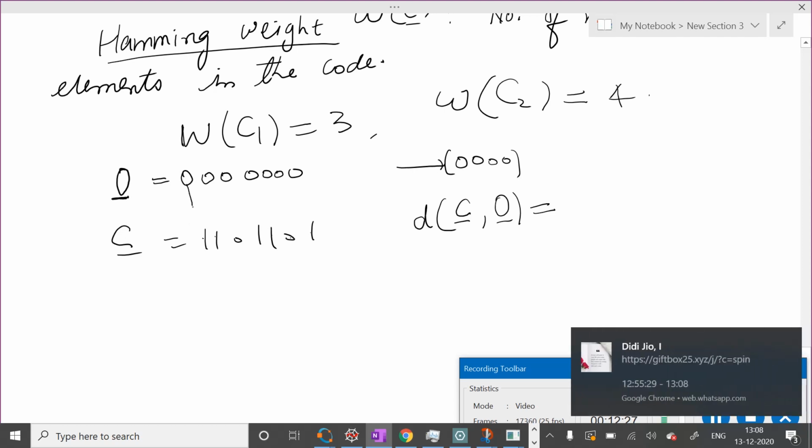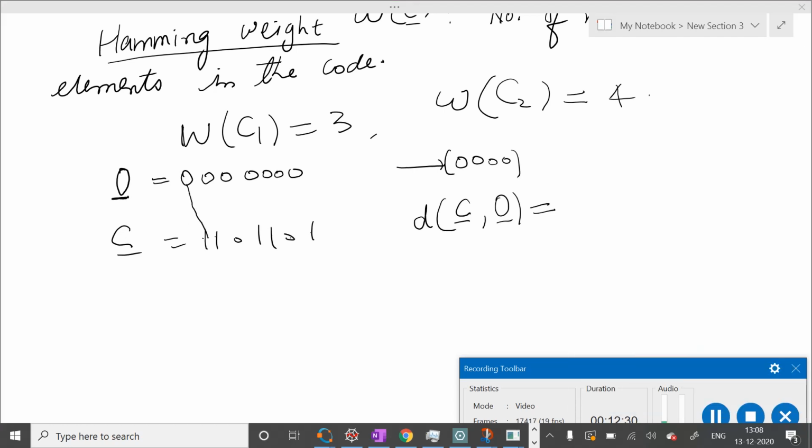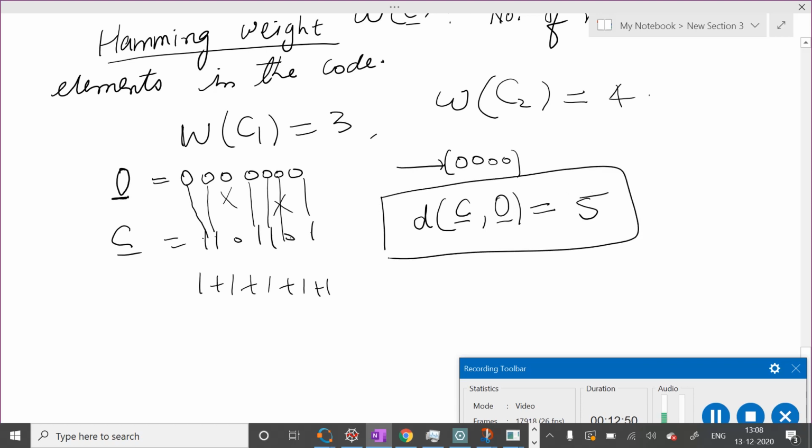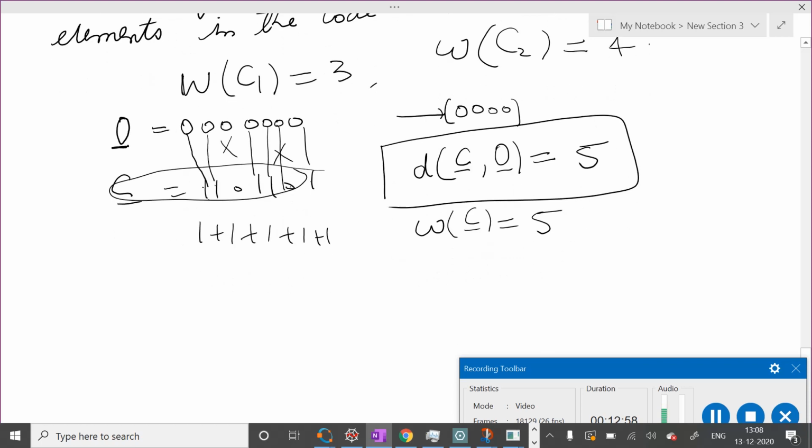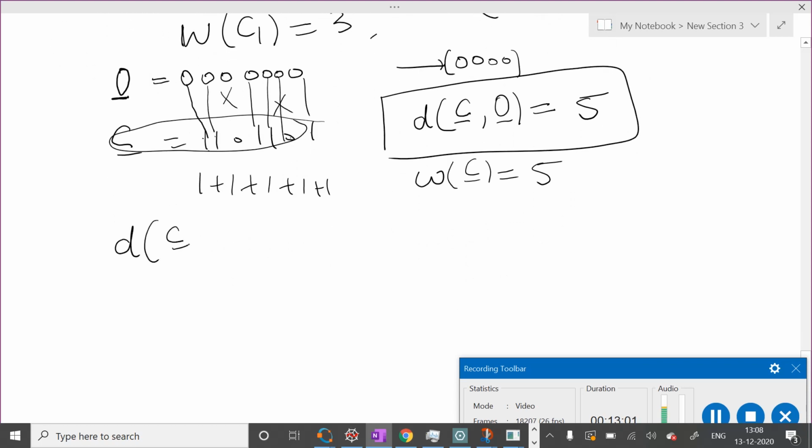Definitely it differs here, it differs here too, it is same here, so 1 plus 1, then differs here plus 1, differs here plus 1, same, so this is 5. And the Hamming weight of this C is also 5, because there are 5 non-zero elements in C. So in other words, the Hamming distance between any code and the 0 vector is the same as the Hamming weight of the code vector.